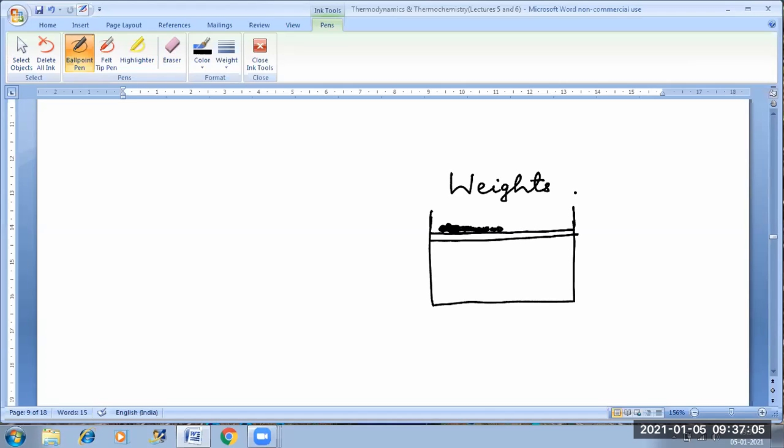Small weights, maybe very tiny particles, or let's say we are keeping sand particles. It will be easier for you to visualize. Let's say there are many sand particles which have been kept.